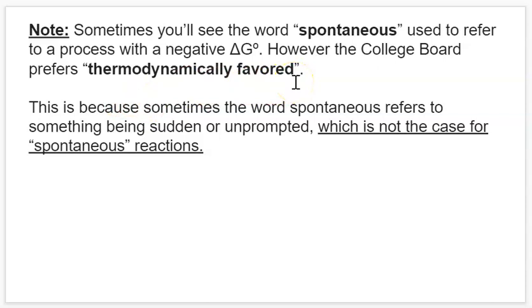And the reasoning for this is because the word spontaneous is usually associated with something like sudden or unprompted, like you made a spontaneous decision to go do something one day. And that kind of sudden and unpromptedness, or that sort of randomness that we might refer to when we say spontaneous, is not how this works in chemistry at all. So that is the reason why we don't use that word to describe this for the AP exam.